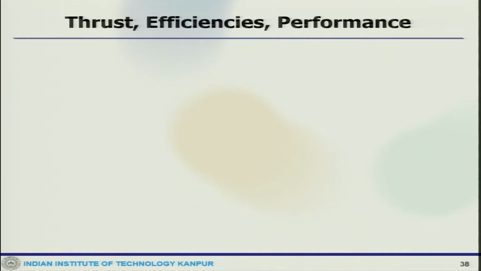What we have looked at is, to some extent, the performance in terms of the propulsion system, like how much fuel is going to be consumed, and due to the fuel consumption how far it can go, or the endurance limit. So, that is where we go.